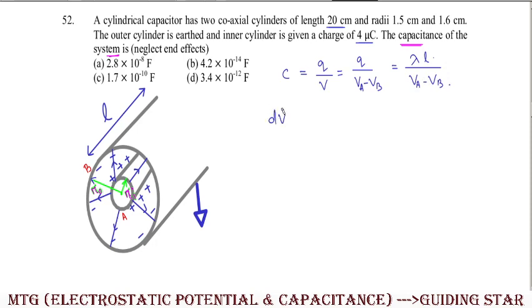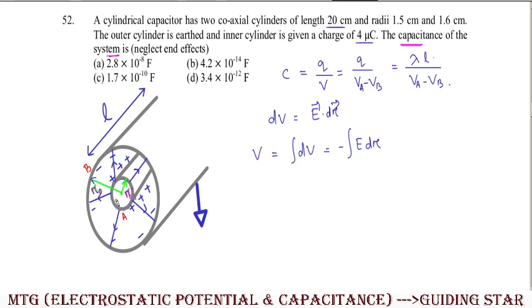We know that dV equals simply E dot dr. Clear? So here, if we want to find the net potential difference, we have to do the integration. If we integrate this, it will be negative of E dr. That means we'll be moving against the field.